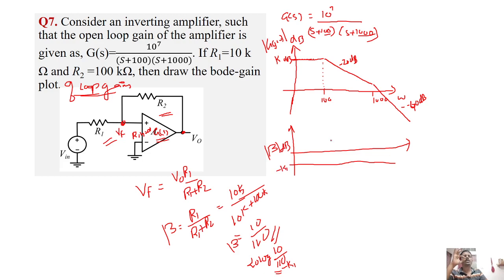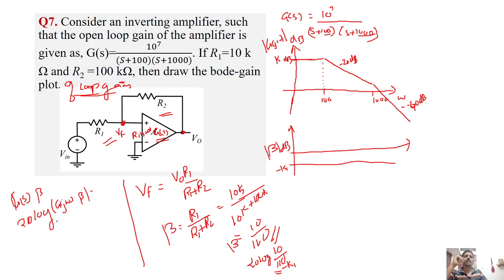Now we actually need to find the Bode plot of loop gain, right? So what is loop gain? Loop gain is G of s into beta. In dB we can write it as 20 log of G of j omega into beta.